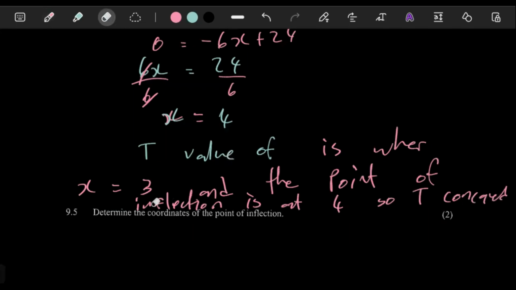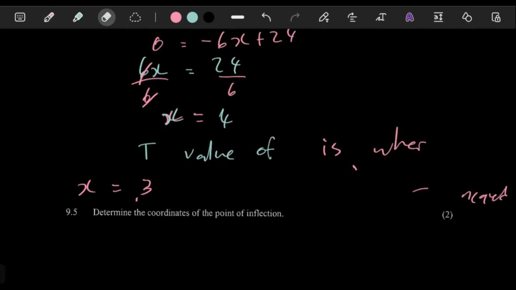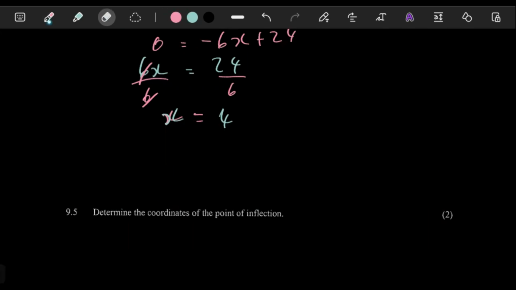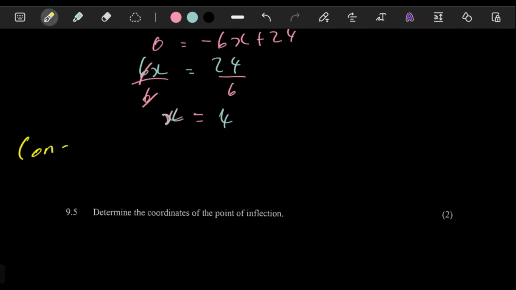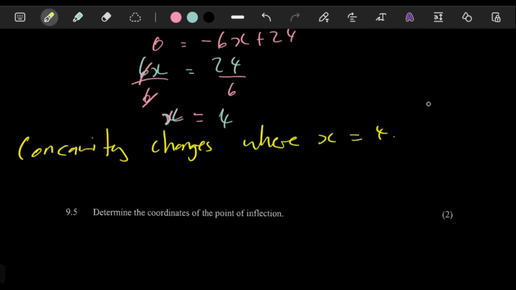You know what? This explanation is too long. Let's just get something straightforward and simple. We said x here is 4, right? That's where the concavity changes. So let's state that concavity changes where x is equal to 4.